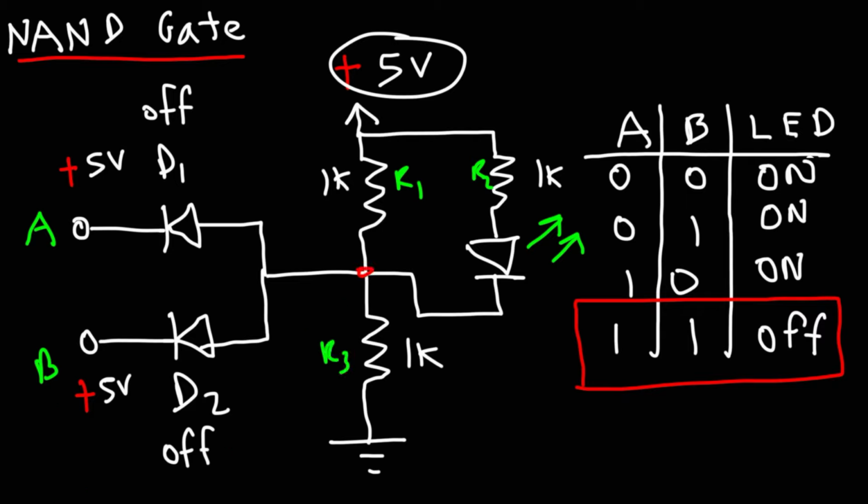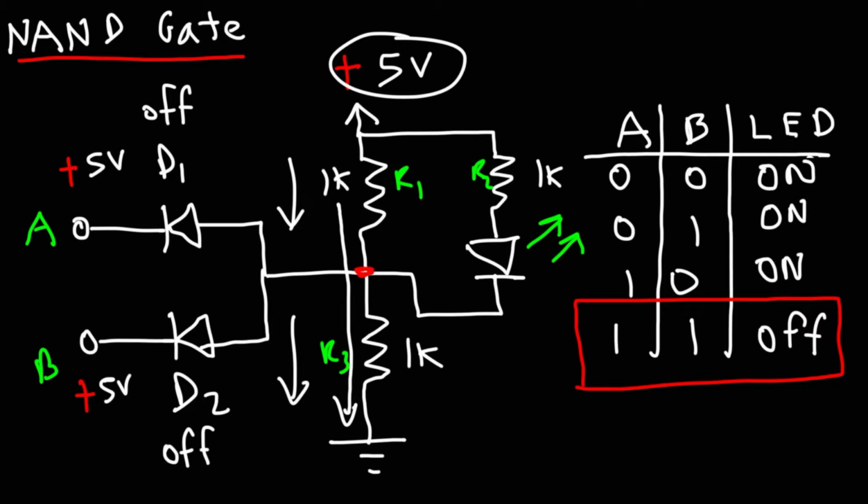To get to this point, is it easier for the current to flow through R1 or through R2 and through the LED? Well, we know that electricity likes to take the path of least resistance, and it's easier to go through a resistor than to go through a resistor and a light emitting diode. So this is the path that's going to be easier to take.